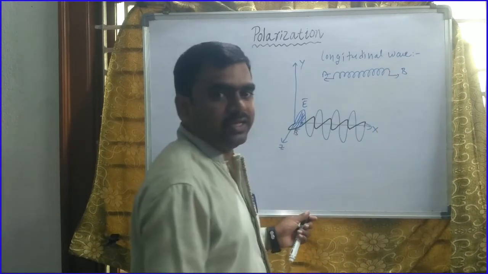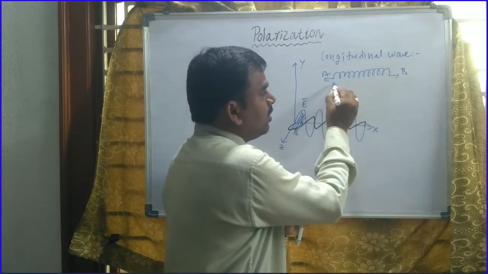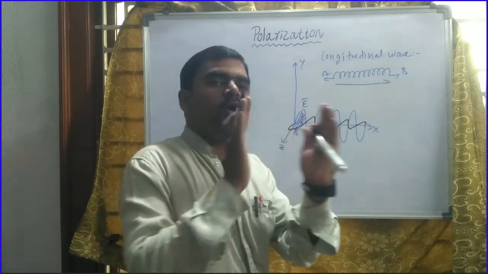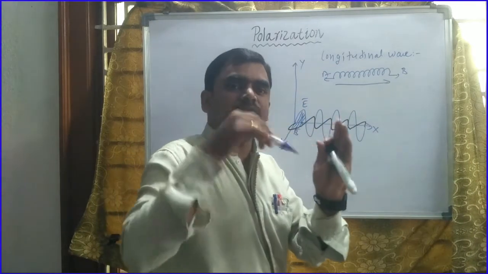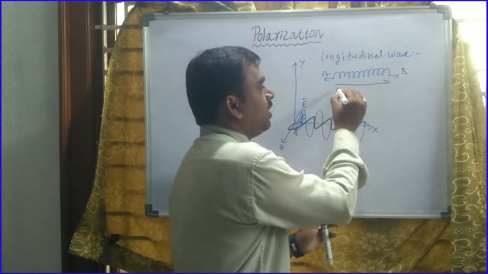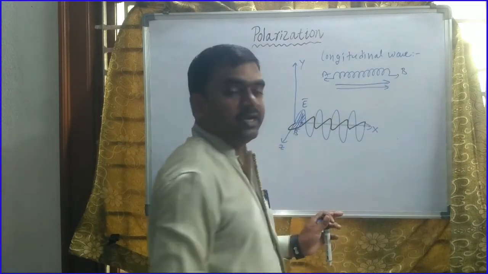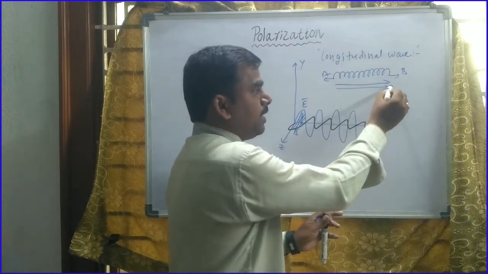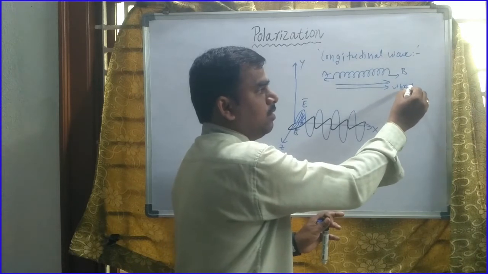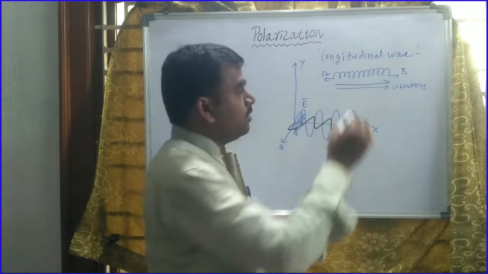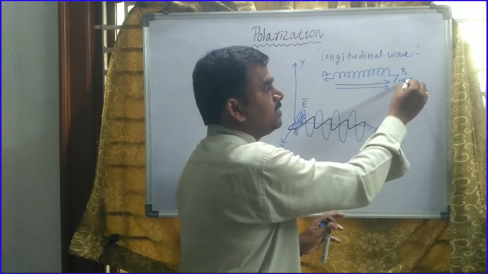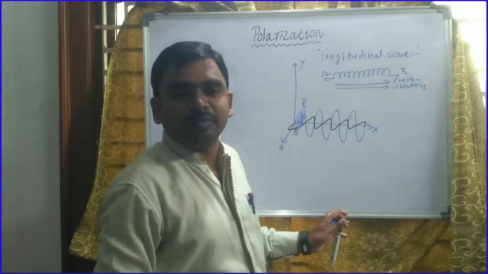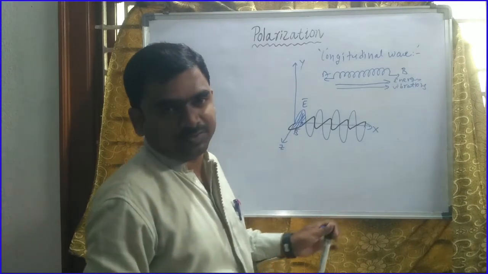What we can observe is that the energy is going from A to B, and the parts of the spring are also vibrating along this direction. That means in a longitudinal wave, the vibrations of the particles and the propagation direction of the energy are both parallel. These types of waves are called longitudinal waves.